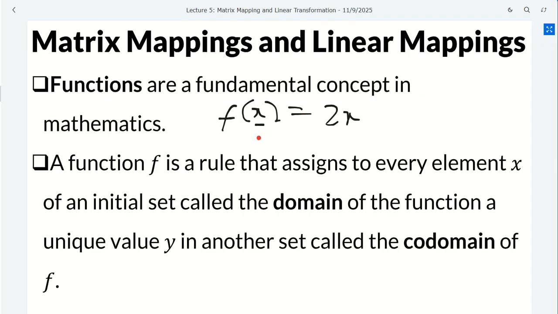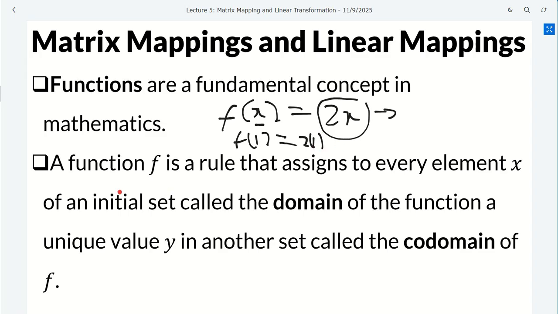The x here is our domain or object, and the value we get is the codomain or image, which some people call y. This is a rule that has to be obeyed to get the result we are looking for. So if you have f of 1, the answer is 2, because the rule says 2 times the independent variable.